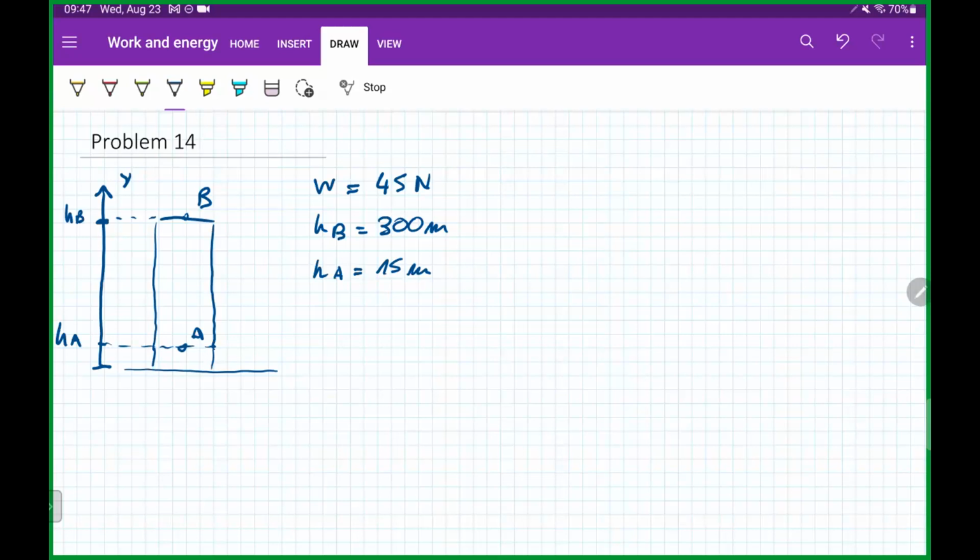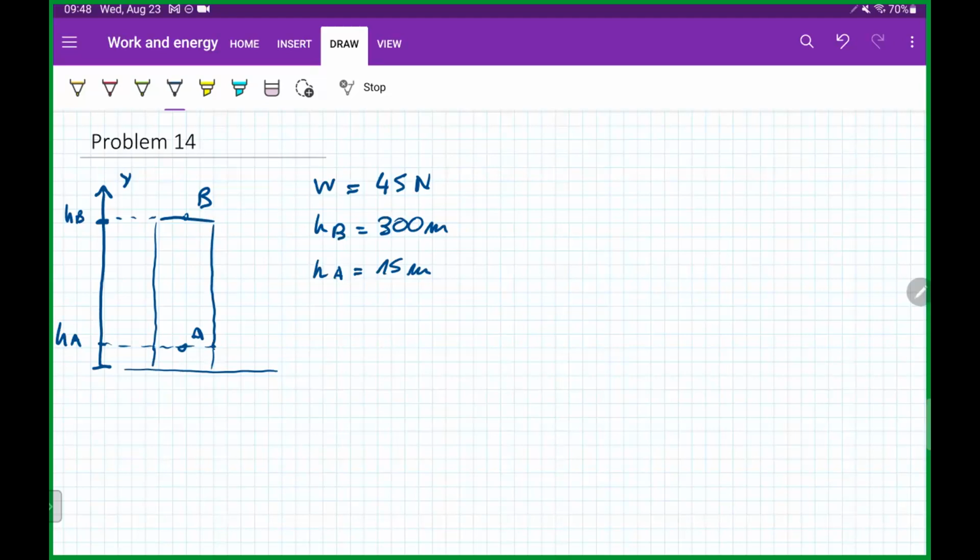We are not interested in getting the trajectory of the particle, or even the way the position is varying over time. We just care about the final speed at that instant when it traverses point A, which is 15 meters above the ground.